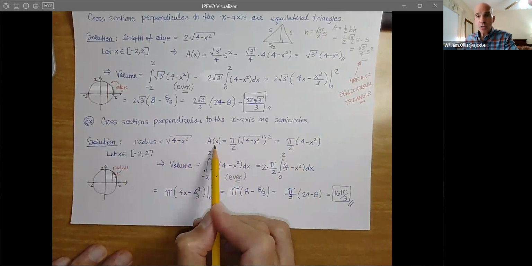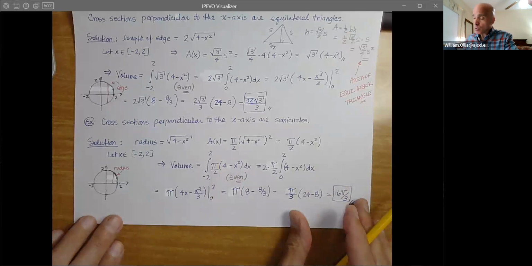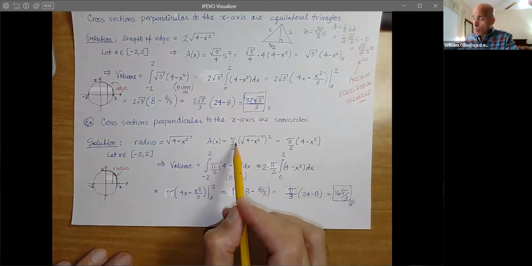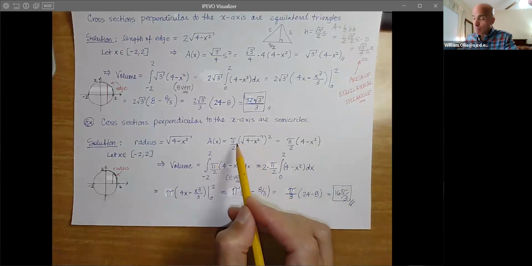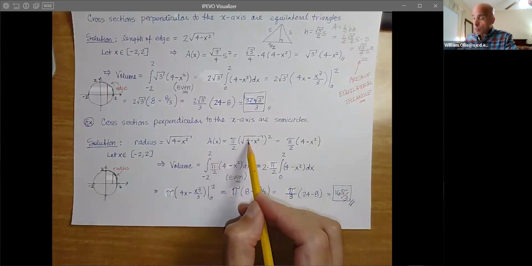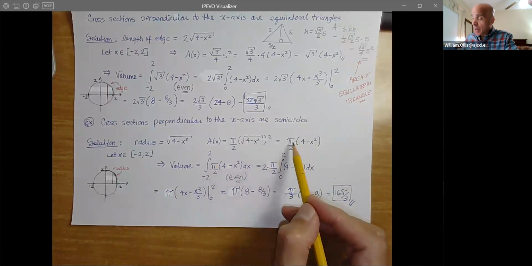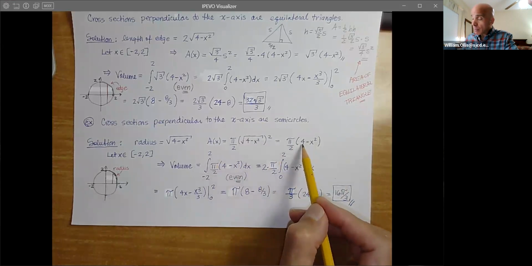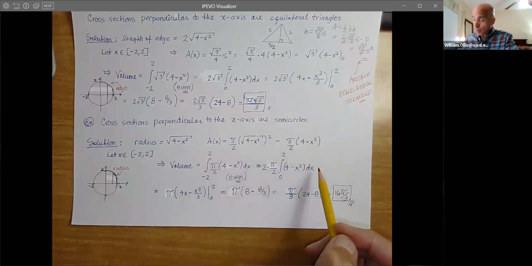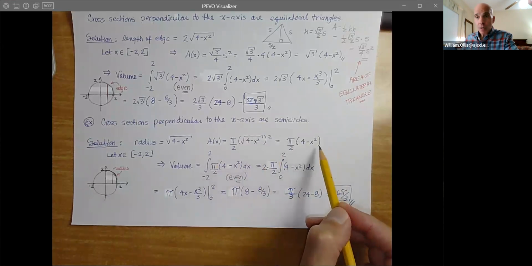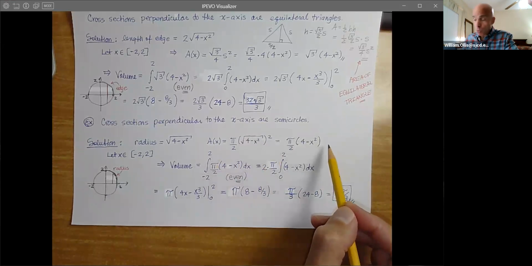And then, of course, using the formula for the area of a circle, and of course, half of that, we will have pi over 2 times the square root of 4 minus x squared quantity squared. And that'll give us pi over 2 times the quantity 4 minus x squared. Now, this is our formula for the area of the cross section.